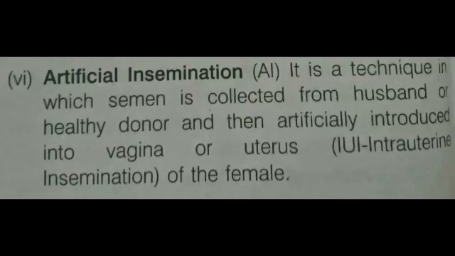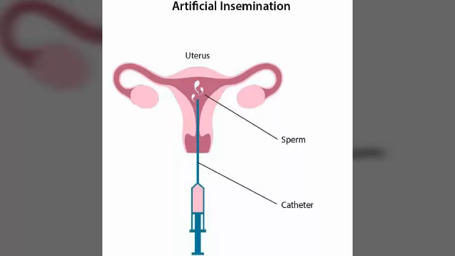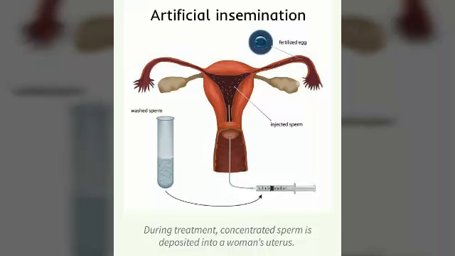Next one, artificial insemination. It is a technique in which semen is collected from the husband or a healthy donor and then artificially introduced into the vagina or uterus. That is known as IUI, intrauterine insemination of the female. This process is used when the male is not capable of producing such a number of sperm.